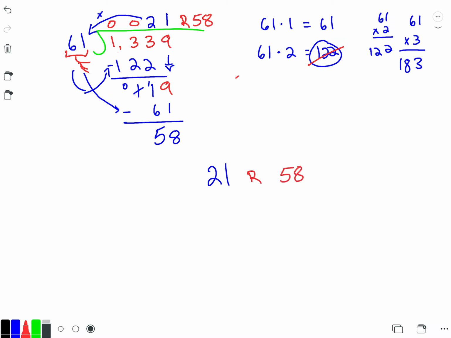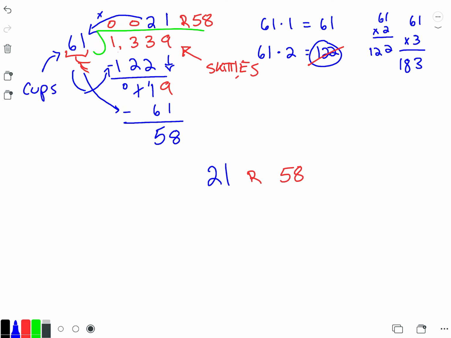So basically what I've asked is, imagine you have 1,339 Skittles. And I want you to evenly distribute those Skittles into 61 cups. How many Skittles would be in each cup?